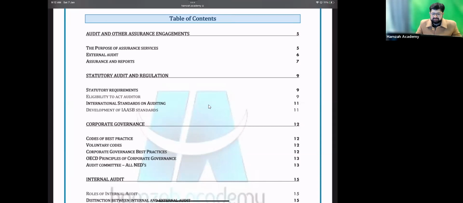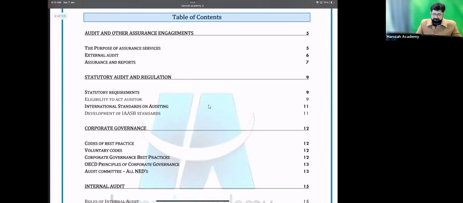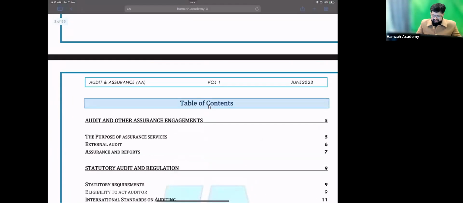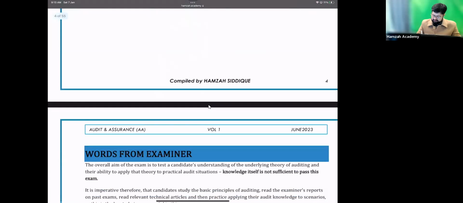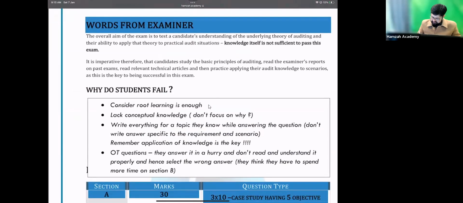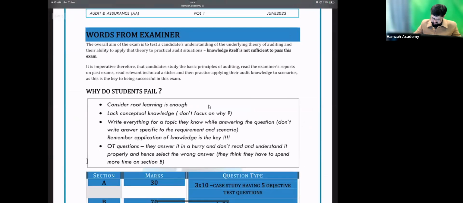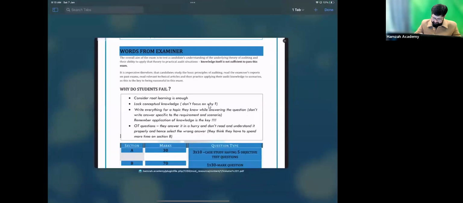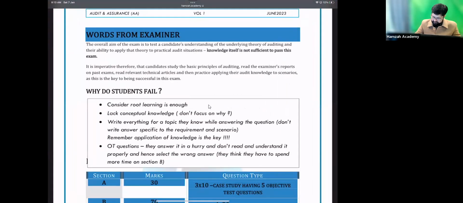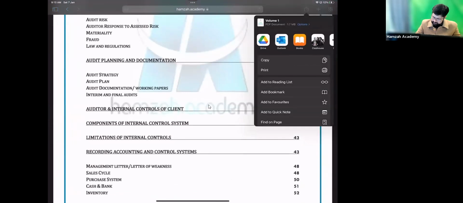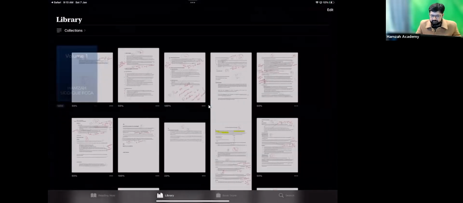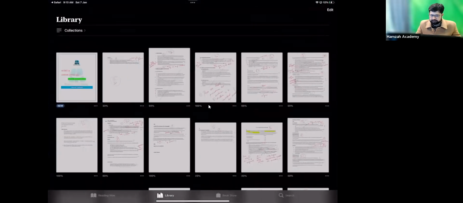So, students, now the point is, the subject, audit and assurance. Right.